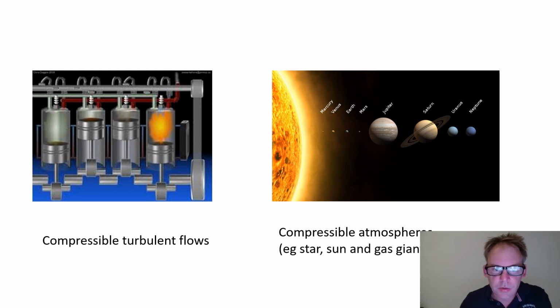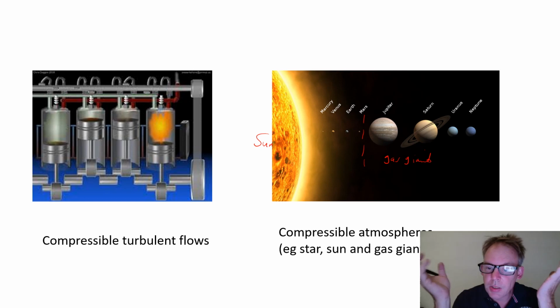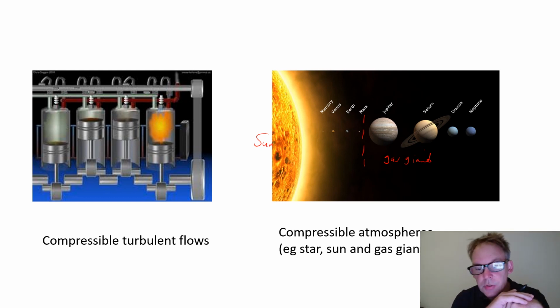If we look at the Sun and the Jovian planets, or the gas giants, we'll see that they're mainly hydrogen, helium, ammonia, methane clouds with liquid helium, liquid hydrogen, and a metallic core. In all these cases we use a compressible flow formulation.